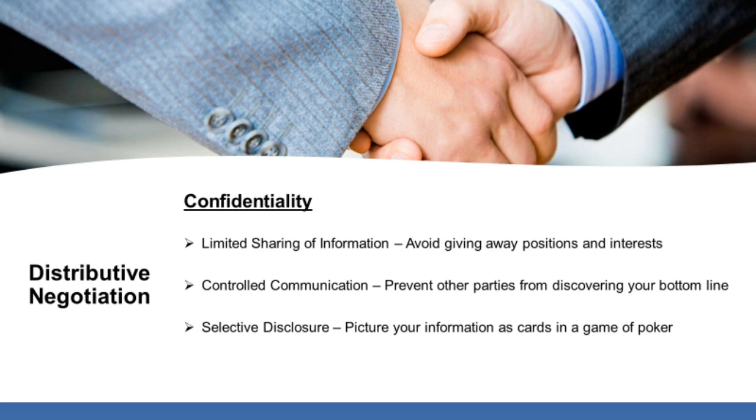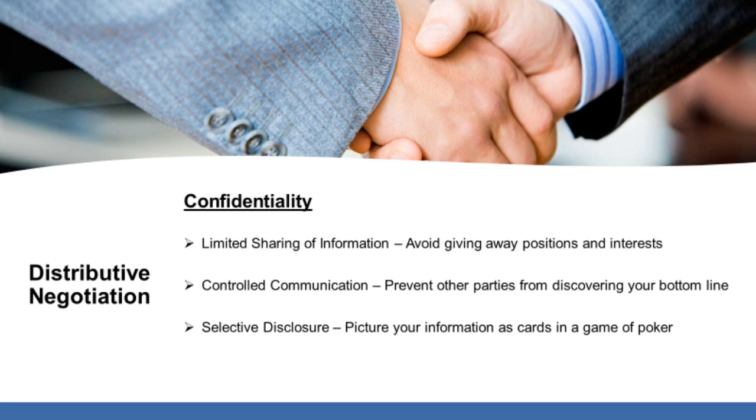The third is selective disclosure. So parties may choose to strategically disclose certain information while keeping other details confidential. By doing this, it allows them to guide the negotiation toward their desired outcome without revealing their full hand. Think about it like a game of cards, like a game of poker.